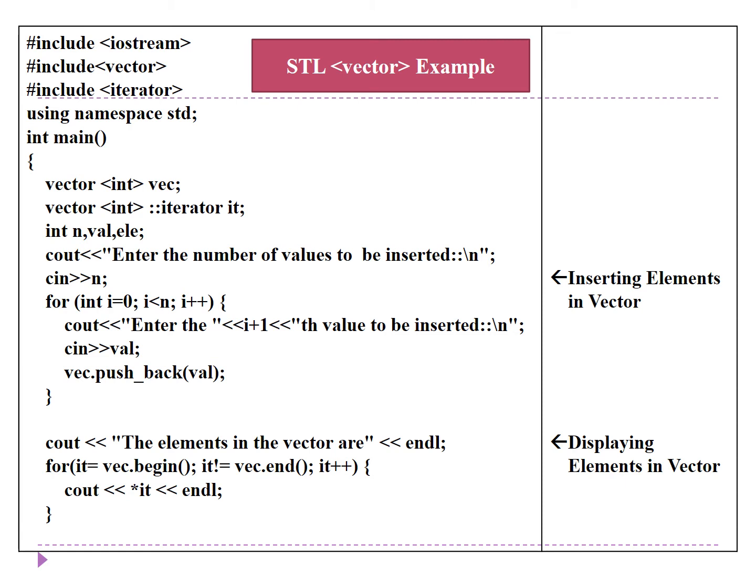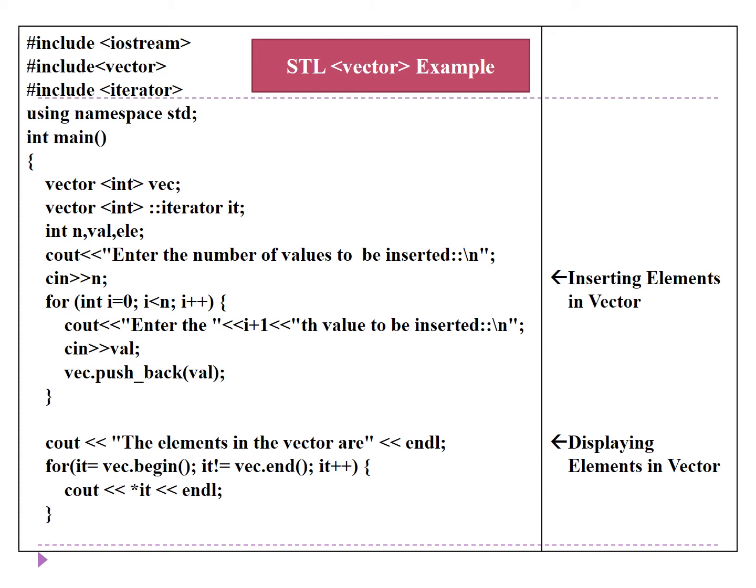The program includes the vector and iterator libraries. Iterator provides an object by which the elements of the vector can be browsed. VEC is an object of type vector which uses values of data type integer.